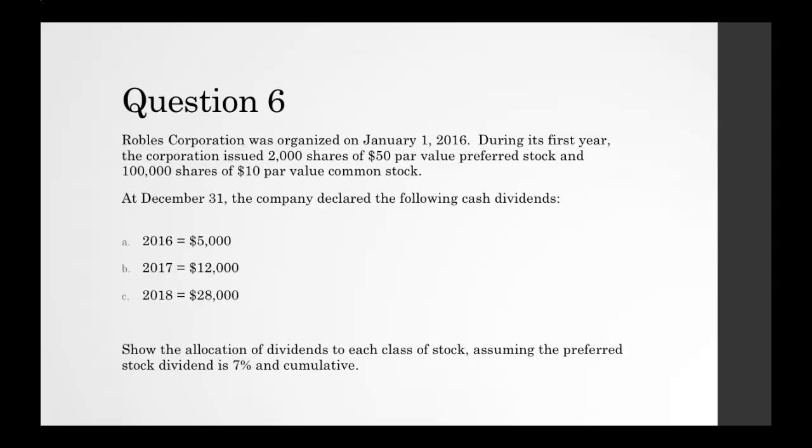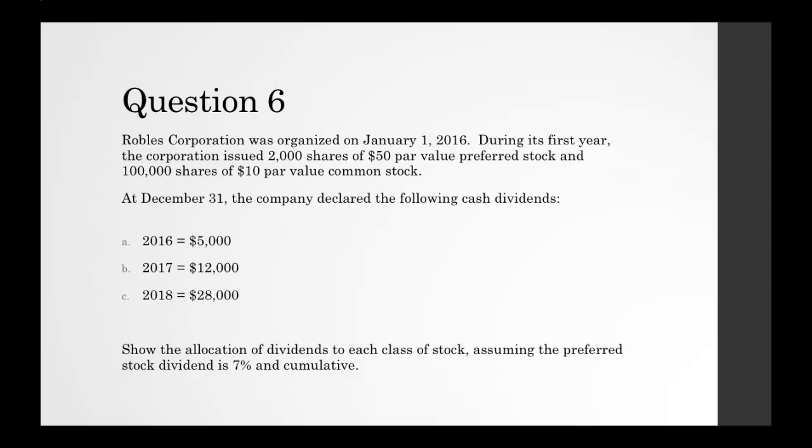Now, question number 6. Robles Corporation was organized on January 1st, 2016. During its first year, the corporation issued 2,000 shares of $50 par value preferred stock and 100,000 shares of $10 par value common stock. At December 31st, the company declared the following cash dividends.